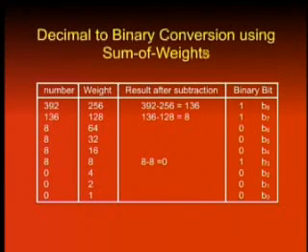Using the sum of weights method, the highest weight which is smaller than 392 is 256. So you mark a 1. You subtract 256 from 392, which results in 136. Now you go on to the next smaller weight.